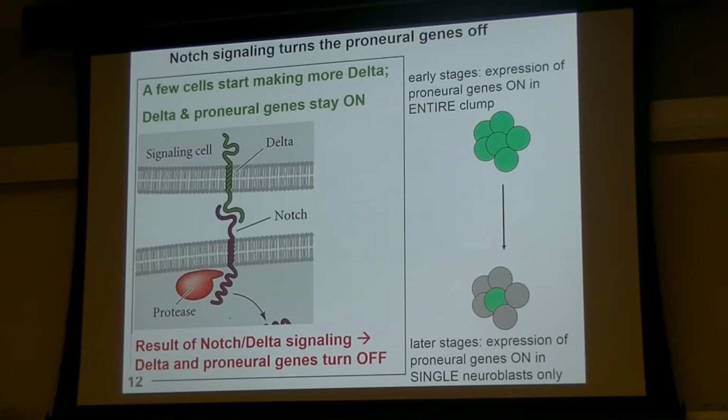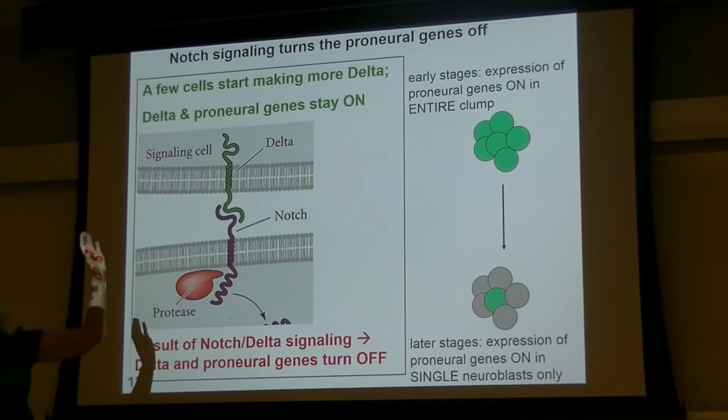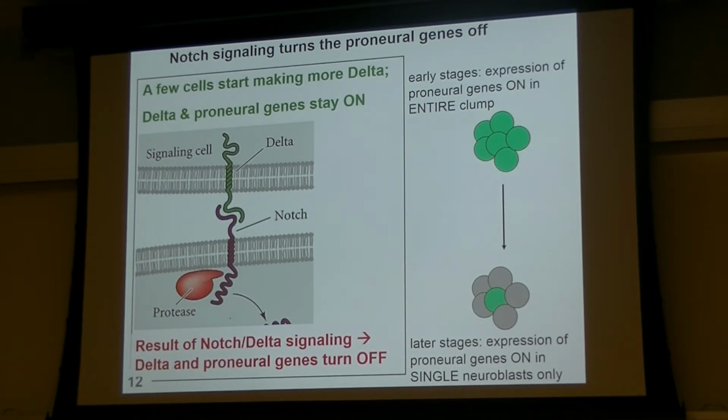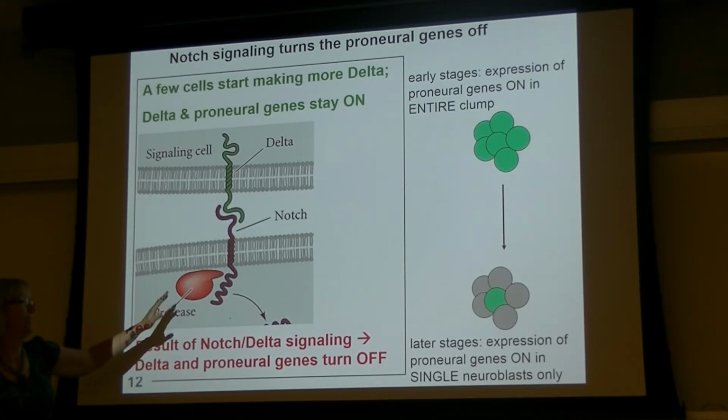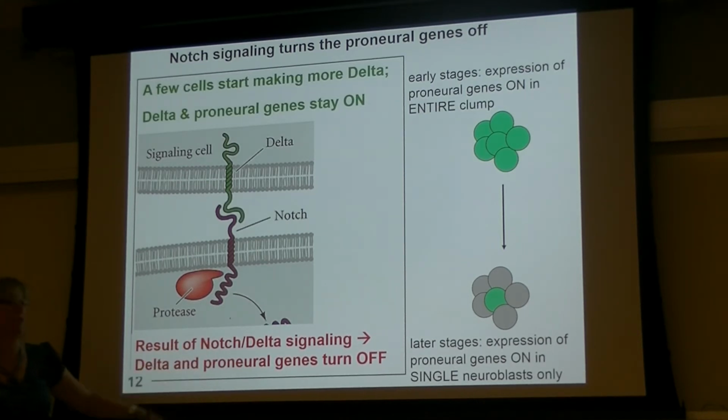So delta gets turned off, and then also the proneural genes are going to be turned off in this receiving cell. Some cells make a lot of delta, and they tend to keep their own delta on and their proneural on. Those cells become the neurons. The cells that are making a little bit less delta get the delta gene turned off and the proneural gene off, and those cells become hypoblast cells.